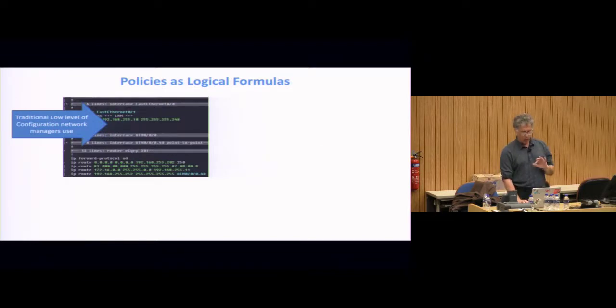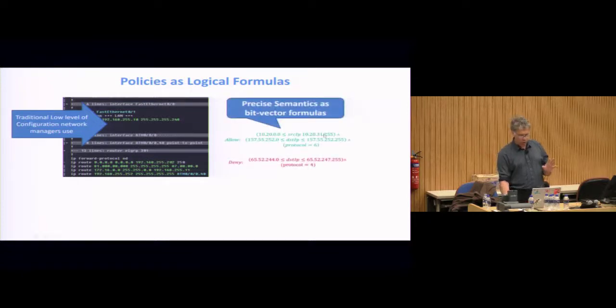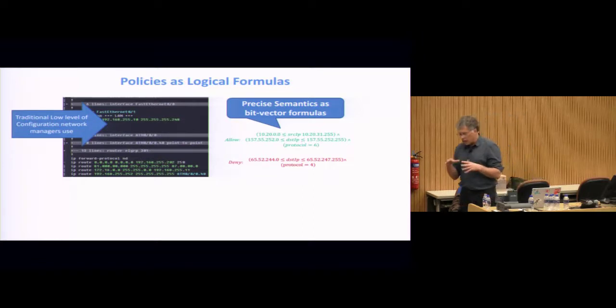What Nikolai and Kartik have done is create essentially translators from the low-level formats for all the routers and the different devices that you see on the left here into precise semantics as bit vector formulas. At the router level, there are basically very simple rules.